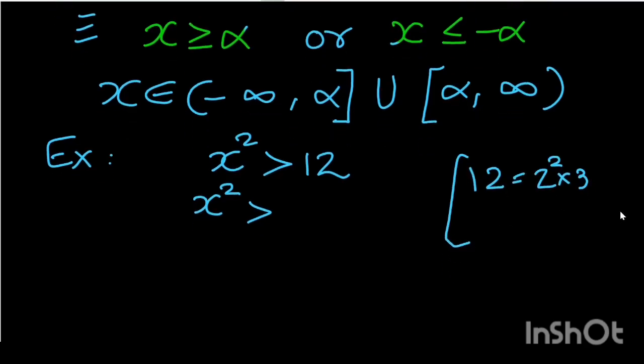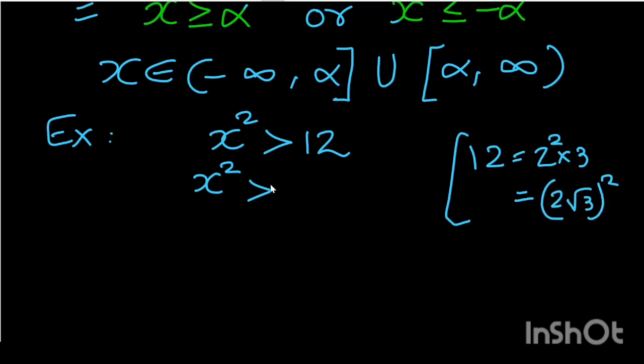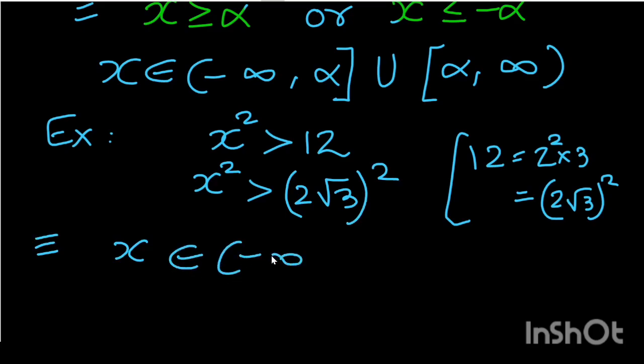So 12 can be written as 2 root 3 square, and directly we can write the answer as x belongs to minus infinity to 2 root 3.